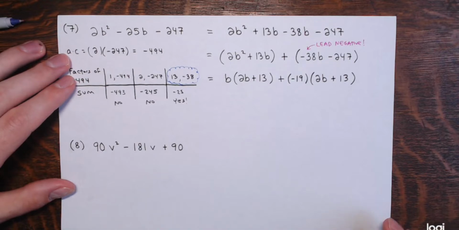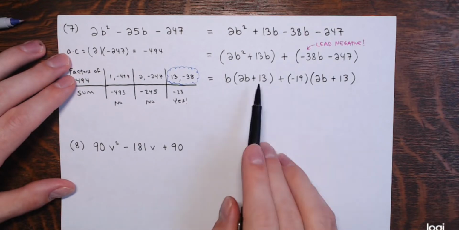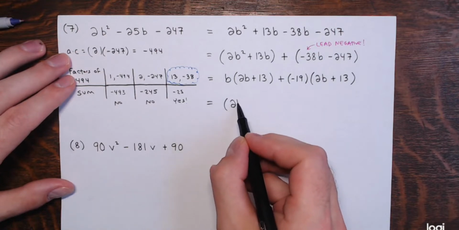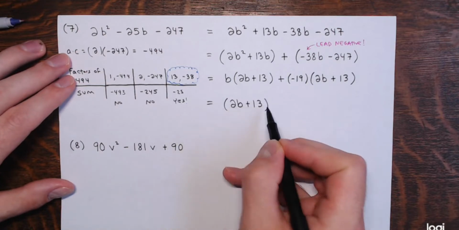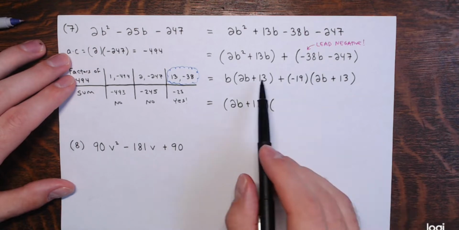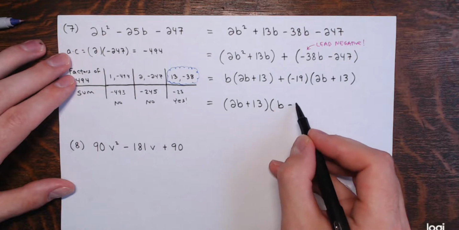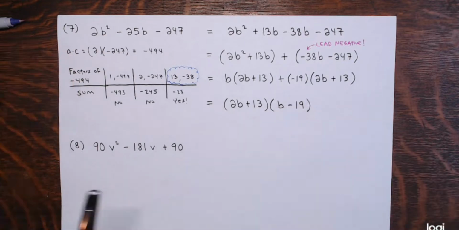Okay, and now both these have the factor of 2b plus 13. So pull that out, the quantity 2b plus 13 times, and then what's left over is b plus negative 19, or b minus 19. And there we go.